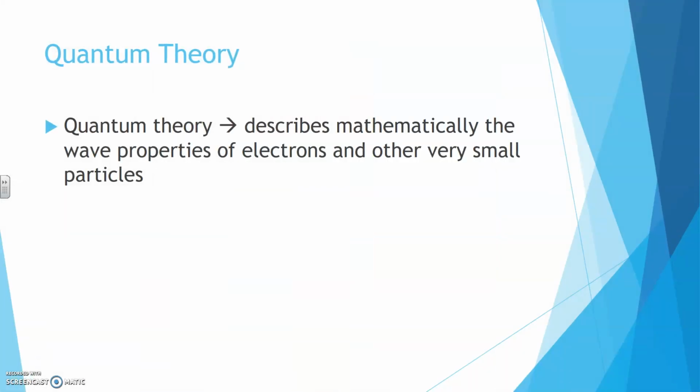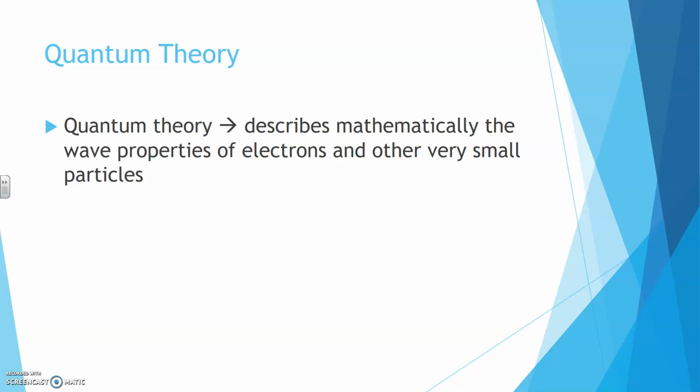All right. Quantum theory. Quantum theory describes the wave property of electrons and other very small particles like photons. We're not going to go into a lot of the math there yet. Don't worry about that. It's awful, and that's me saying that.